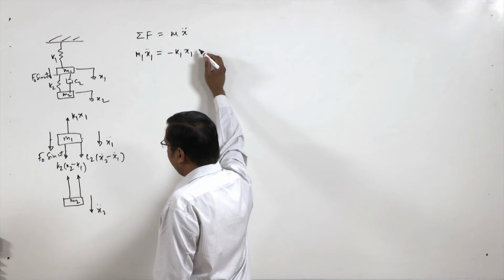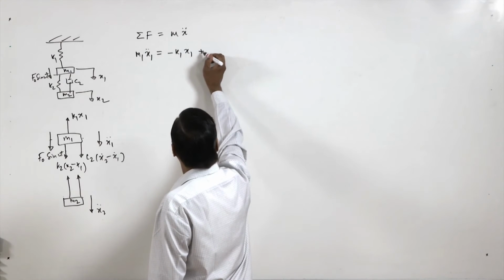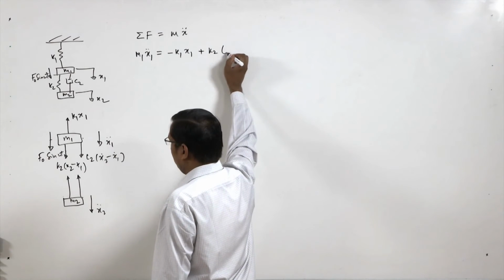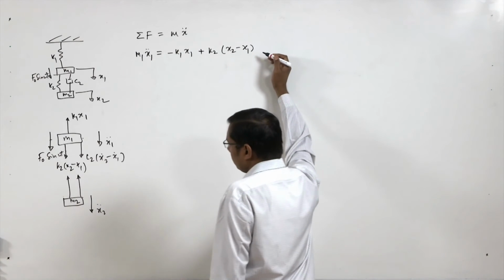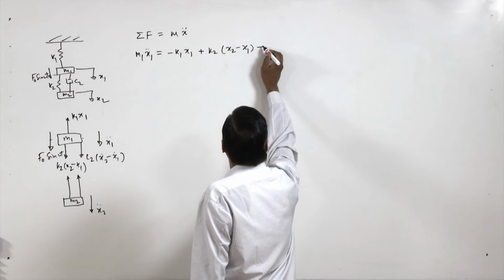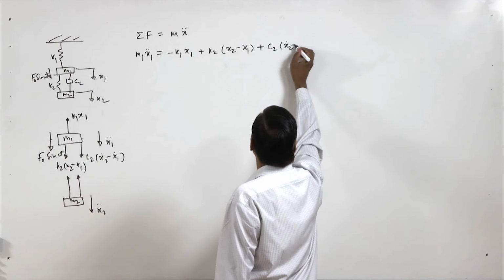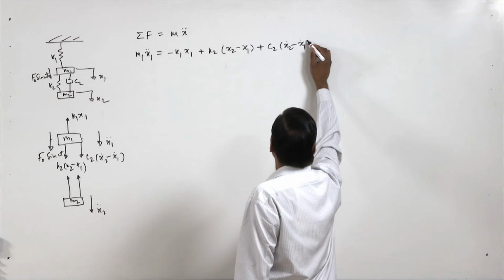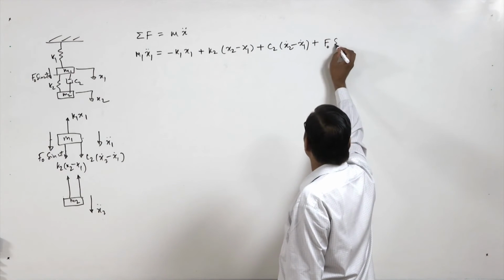Now we have plus k2 (x2 minus x1) plus c2 (x2 dot minus x1 dot), and then plus f0 sine omega t, the external force.